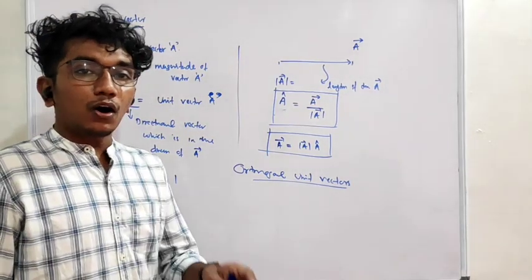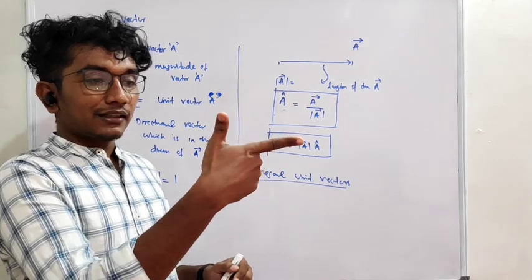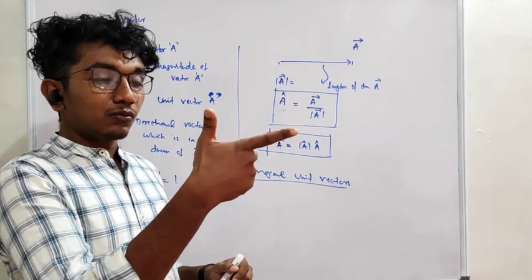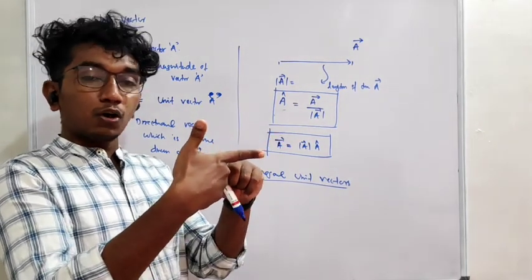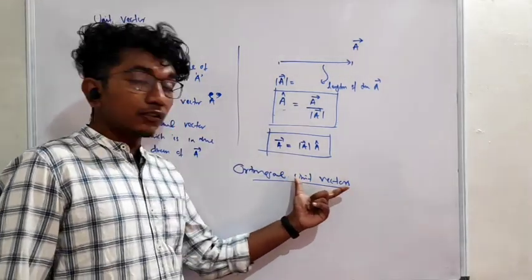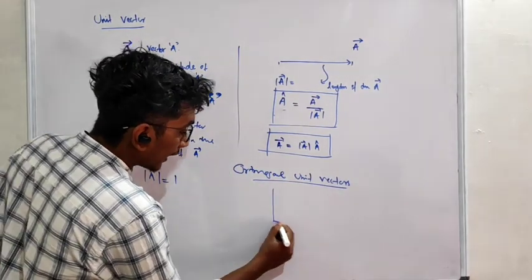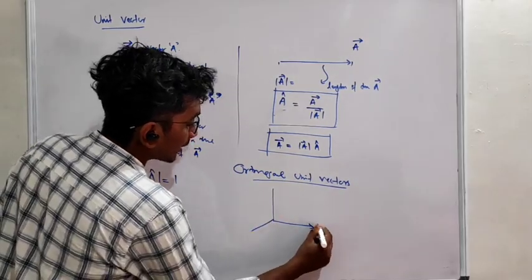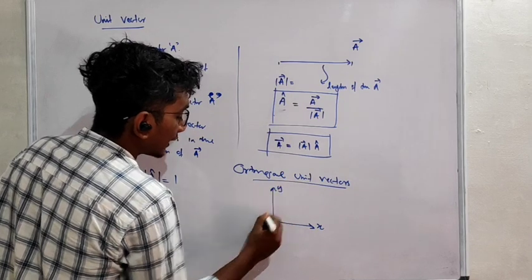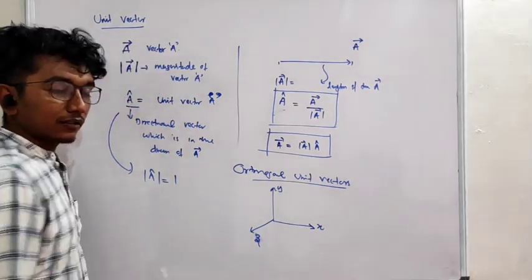Which means along the x, y and z direction, they are actually like this. They are orthogonal because they start from the same point. They are in the perpendicular directions x, y, z. So let's say this is x, this is y and this is z. Mutually perpendicular, orthogonal.